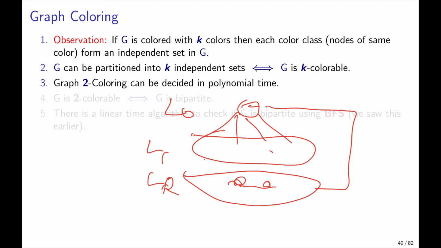One can show that the graph is bipartite if and only if there is no odd cycle. But in any case, you just do BFS, and if there are no cross edges, then you know the graph is bipartite, namely it's two-colorable. Even and odd colors, and you know the coloring. So two-coloring is really easy, and the surprising thing is that three-coloring is already NP-complete.